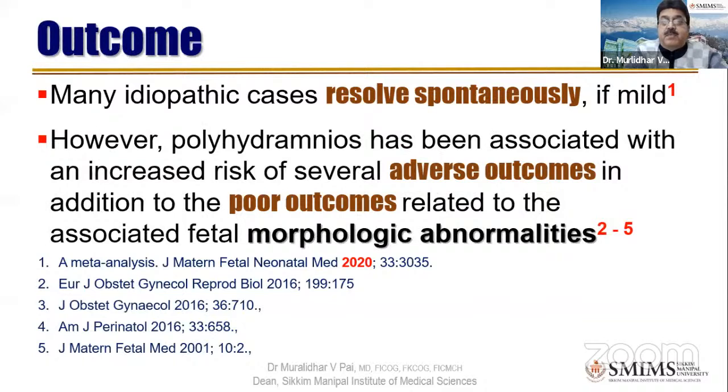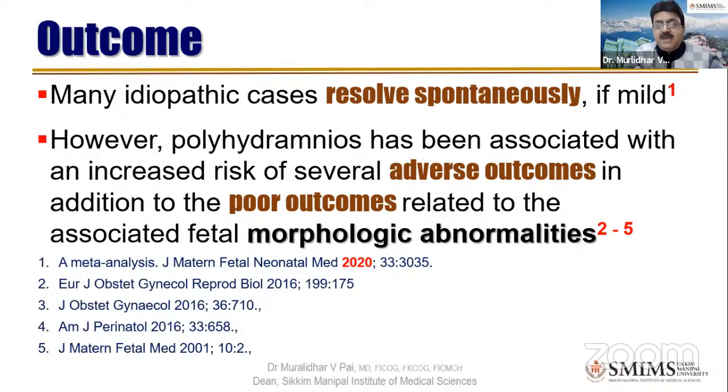However, polyhydramnios has been associated with an increased risk of several adverse outcomes in addition to poor outcomes that are related to the associated fetal morphologic abnormalities. What it means is that the polyhydramnios as such may not cause much problem to the fetus. It may cause mechanical problems to the mother, but the poor outcome is directly related to the problem that the baby had, which gave rise to polyhydramnios.